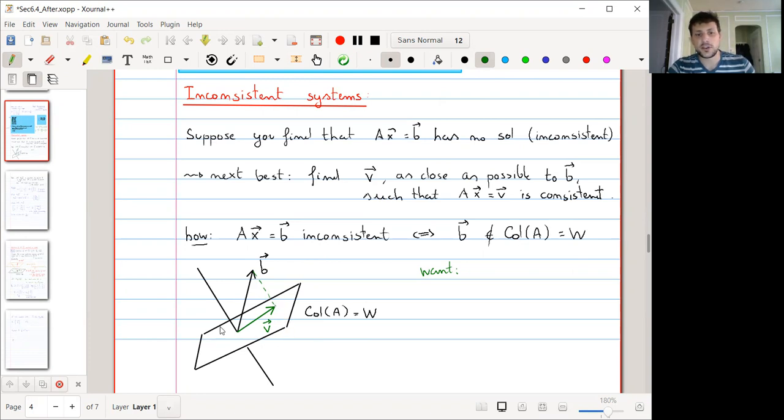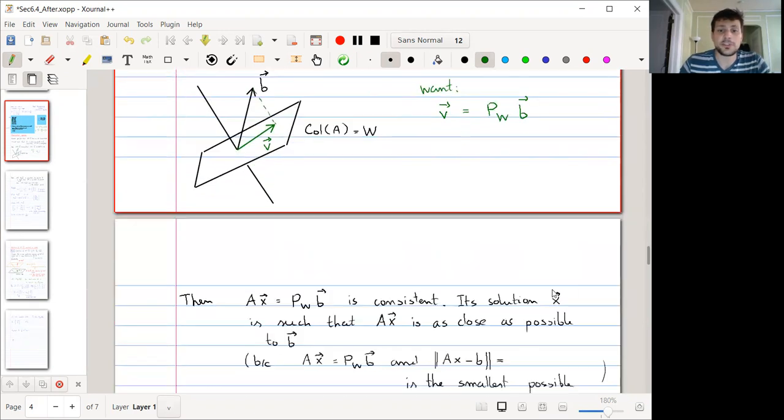Every vector in the column space of W makes the linear system consistent, and we want to get the one that is as close as possible to B. In other words, the vector that we're looking for is nothing but the projection onto W of the vector B. More precisely, when we try to solve AX equals projection onto W of B, this is consistent because everything in the column space of A makes a consistent linear system.